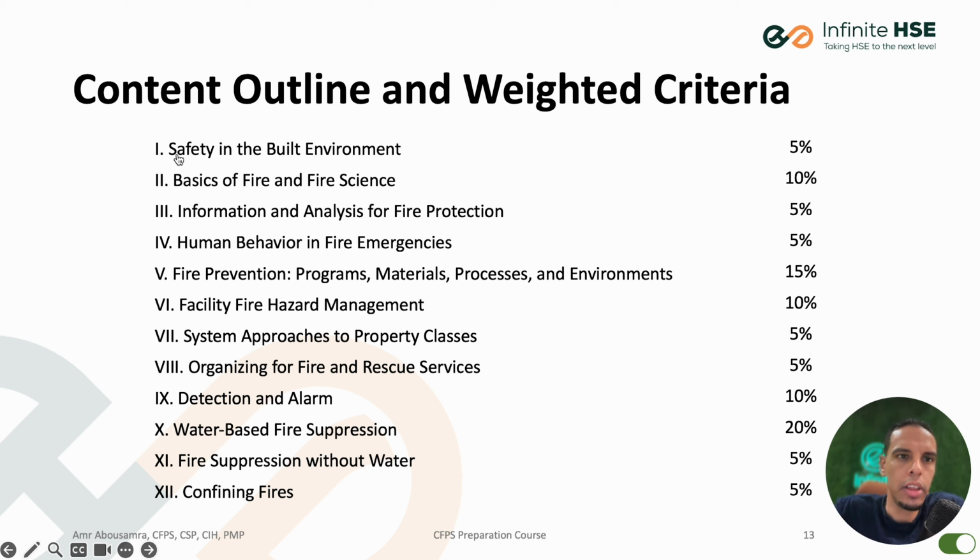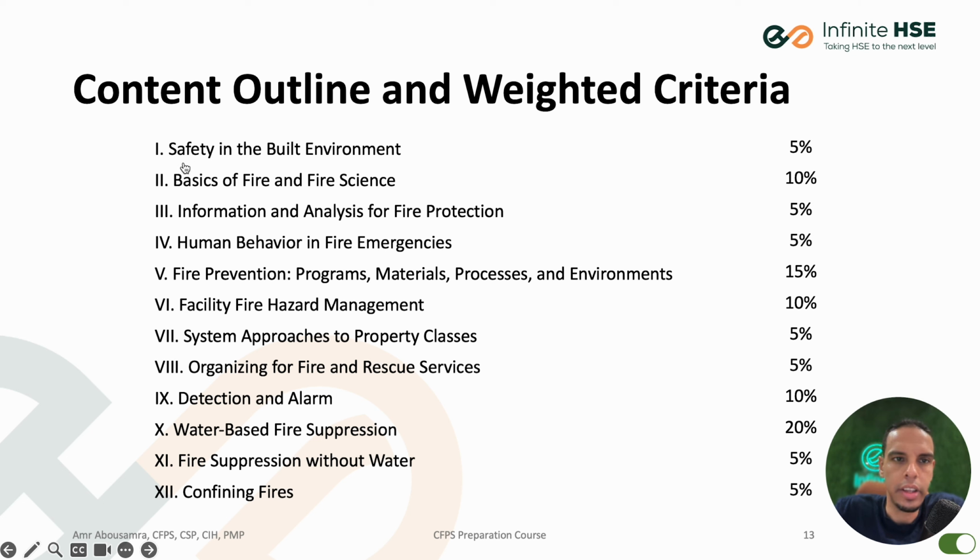For example, there is a section called Safety in the Built Environment and Basics of Fire and Fire Science, but there is no section called Fire Prevention, Programs, Materials, Processes, and Environments. For this topic, you will collect the information from many other sections in the Fire Protection Handbook. And each of these topics has a weighted criteria.